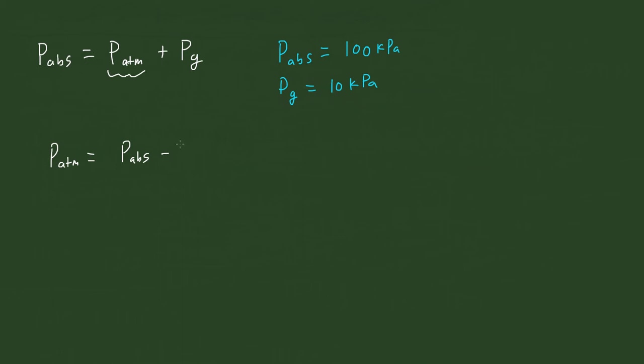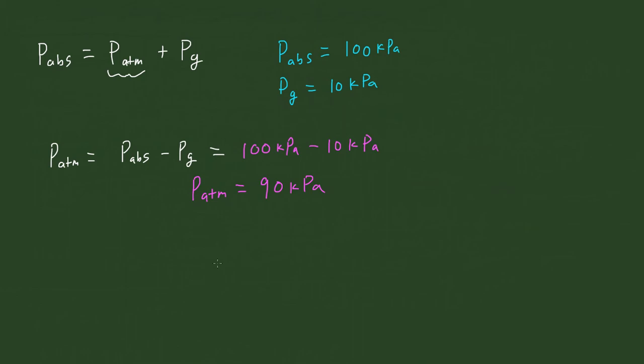And so that's going to be equal to the absolute pressure minus the gauge pressure, which is going to be equal to 100 kilopascals minus the gauge pressure, 10 kilopascals, right? Everything has the same unit, so we can just subtract, and we find that the atmospheric pressure in this case is going to be equal to 90 kilopascals.